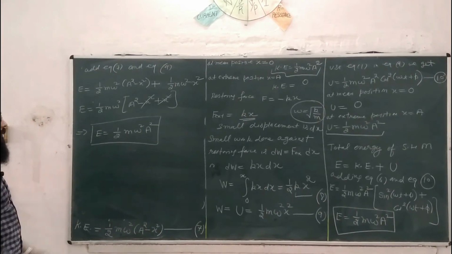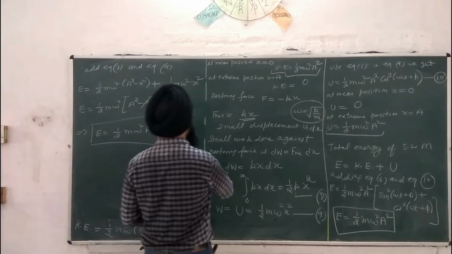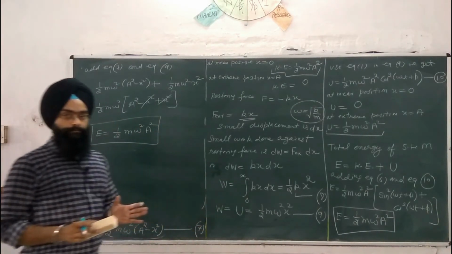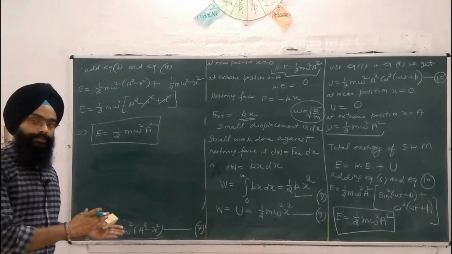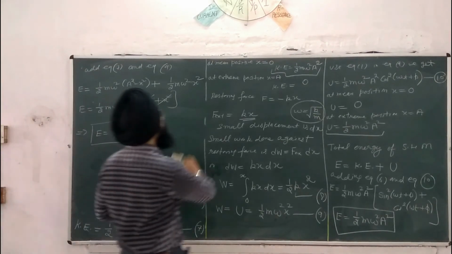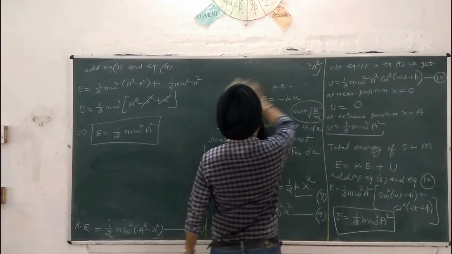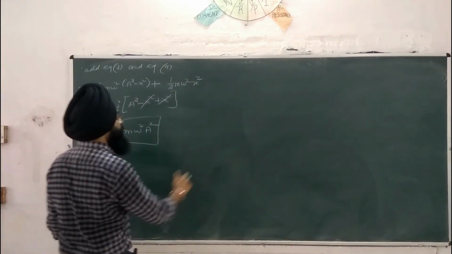Now we will plot the graph between the potential energy and kinetic energy, then we will see the total energy. One thing is clear from the total energy expression, that total energy is always the sum of potential energy and kinetic energy, and it is always conserved. So let us plot the graph.